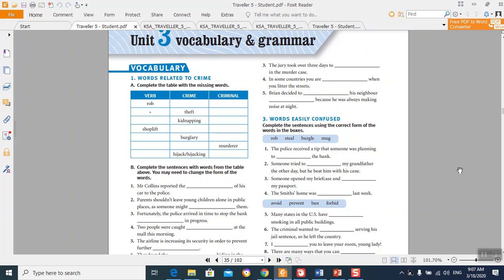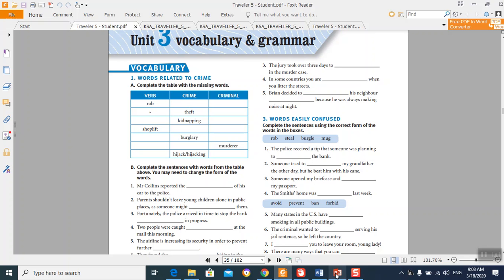The first category to the left, verb, فعل, crime, جريمة, criminal, the man who does the crime, مجرم. So criminal, مجرم. We are going to fill this table by writing the missing words, whether it is a verb or crime or criminal.